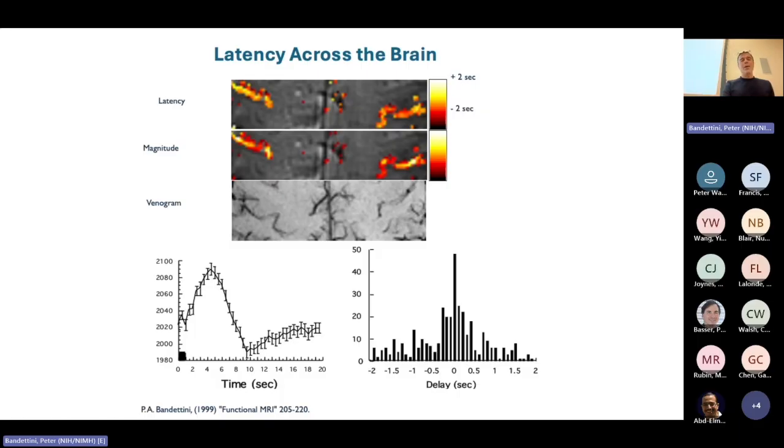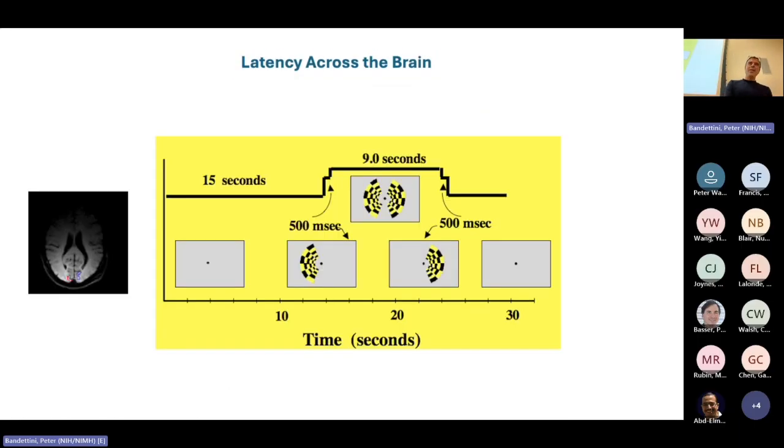People have tried to resolve this. One thing you can do is that because the hemodynamic response is so well behaved on a voxel-wise basis, even though there's a spread in the hemodynamic responses, it's really well behaved. And one simple experiment that I did a long time ago with Bob Savoy at MGH was simply give us an alternating checkerboard, turn on one hemifield and then turn on the next, and delay this by 500 milliseconds.